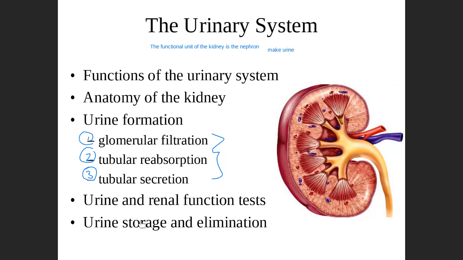And then we're going to talk about where urine is stored and how it's removed, and a little bit about the micturition reflex, which is an autonomic nervous system response sensing how much urine is in the urinary bladder.